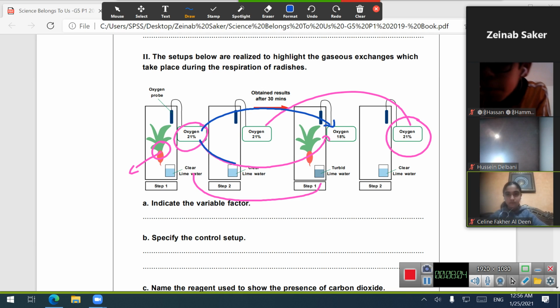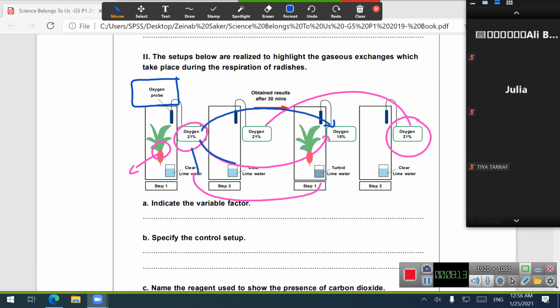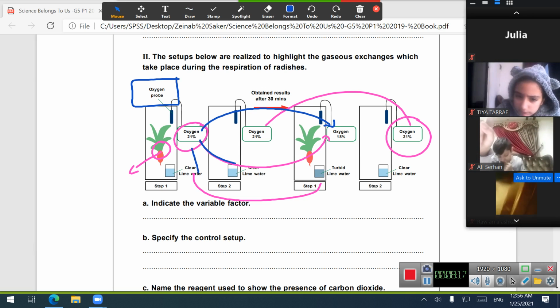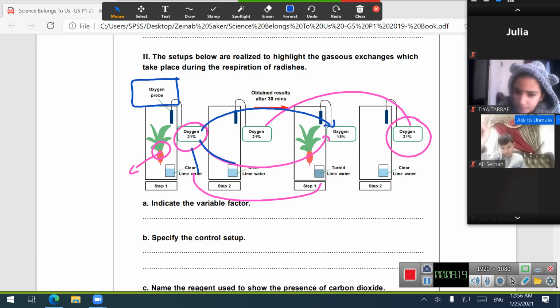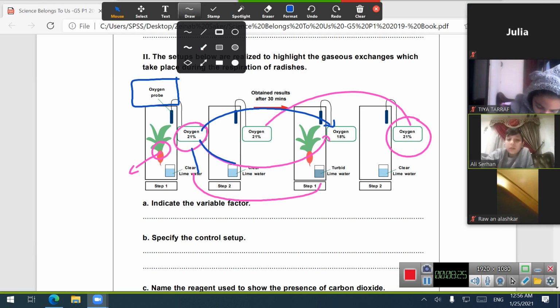What do we use to measure the amount of oxygen? Who can tell me what we use to measure the quantity of oxygen? Oxygen probe. Excellent, we use an oxygen probe.